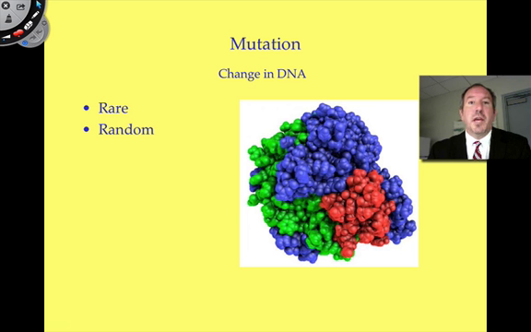It could be a positive change, it could be no effect at all, or it could be a negative change. What determines whether or not the mutation is positive, I think that's kind of clear: whether or not the organism is able to survive better in a particular local environment. And that's how we categorize a positive mutation.